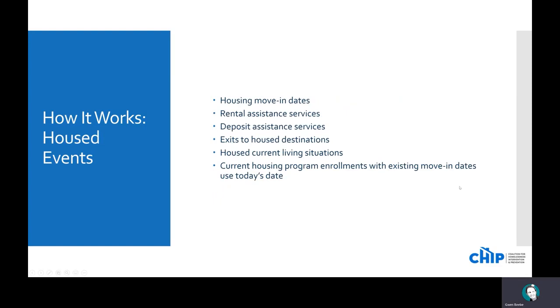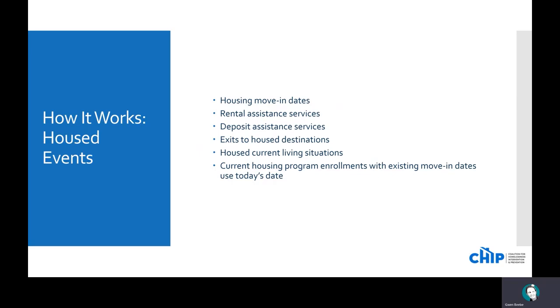Housed events are very similar. Any program with a housing move-in date, we'll grab that housing move-in date. If we have a program and we see they're paying rent for somebody, we'll assume that they have moved in and there's just no housing move-in date yet, because we aren't paying rent for folks that are unhoused. Same for deposit assistance. It'll pull onto the list as a housed event.